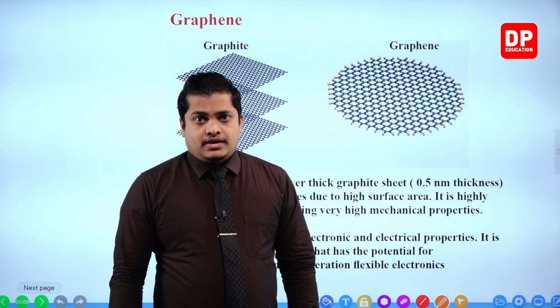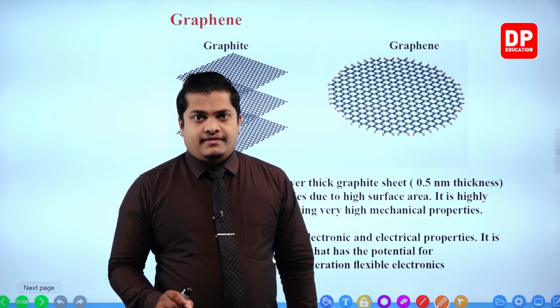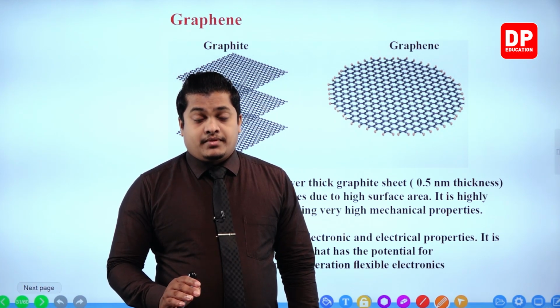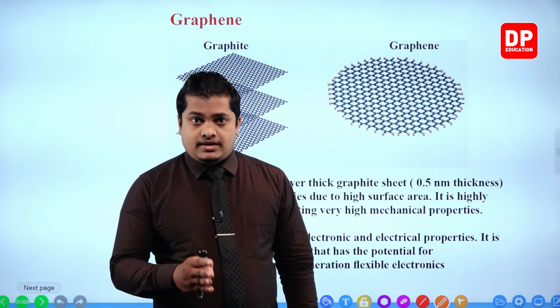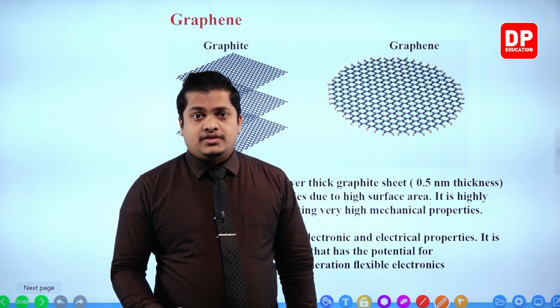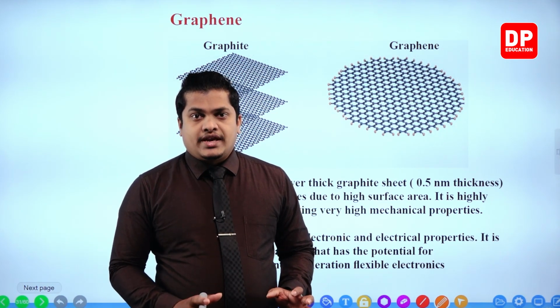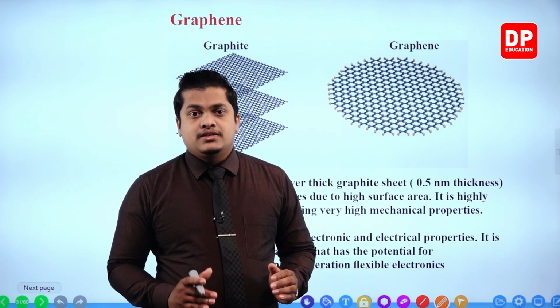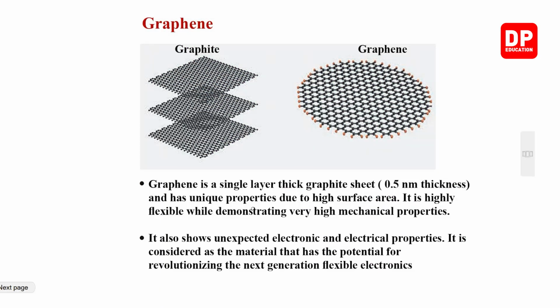Because of graphene, most of the electronic components developed are pretty much advanced ones, like I said, foldable ones. Those things are mainly created based on graphene, my dear children. So I hope that you got the idea about graphene layers and their special properties.